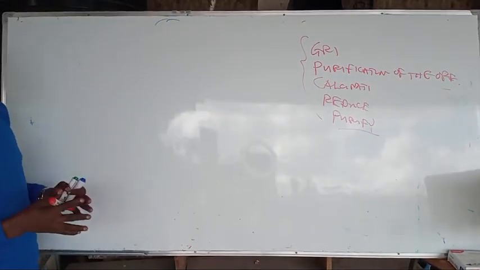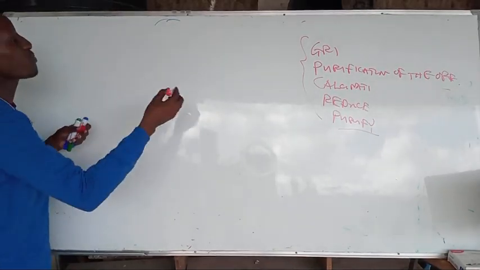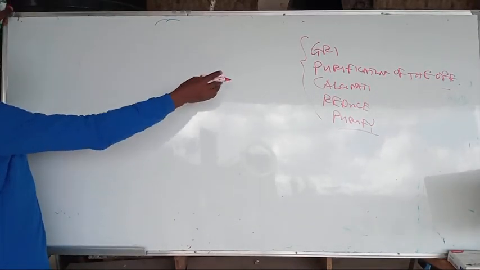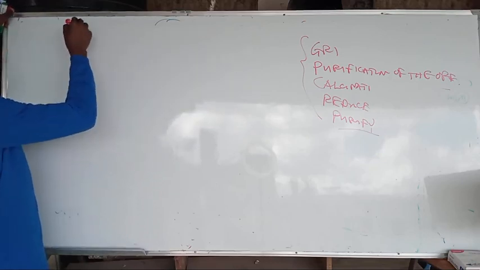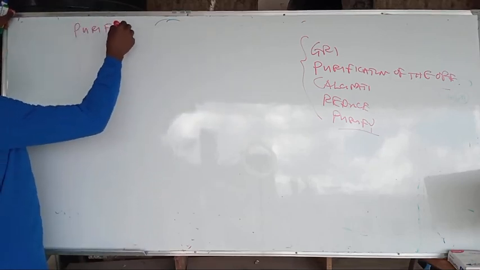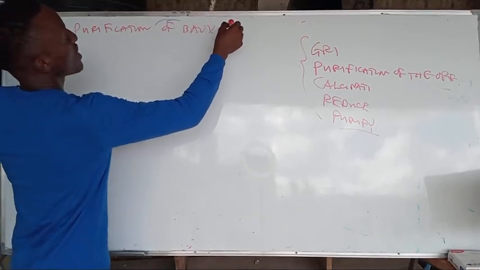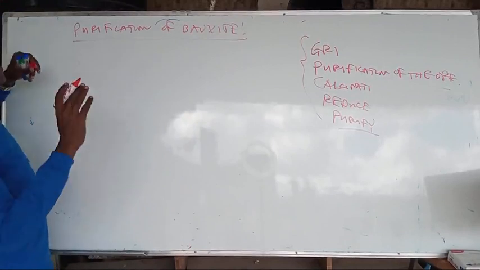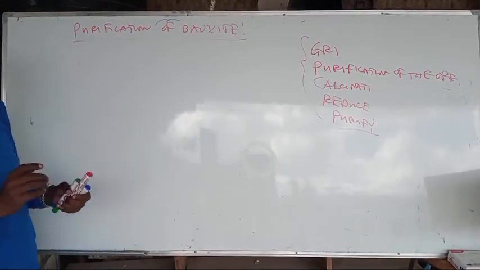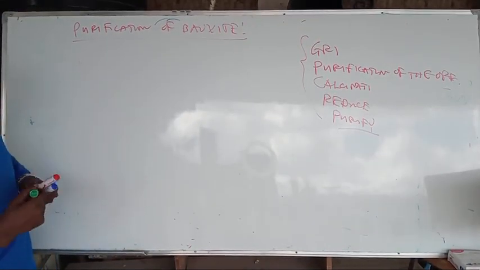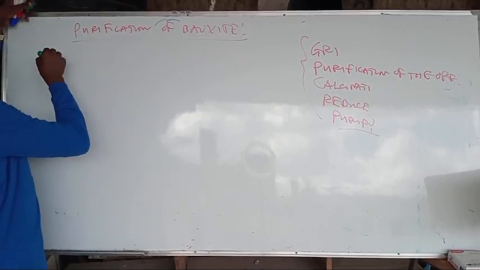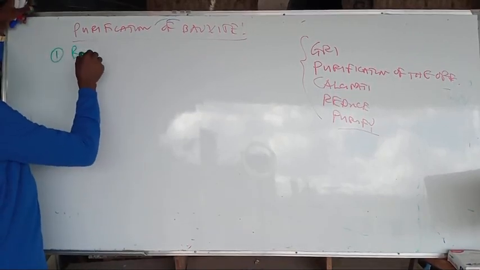Speaking about the purification method now, after obtaining the fine particles, they are taken to purification. Purification of bauxite can be done in 3 consecutive steps. The first step is Bayer's method.